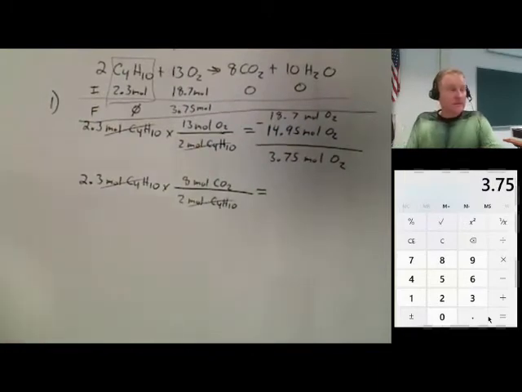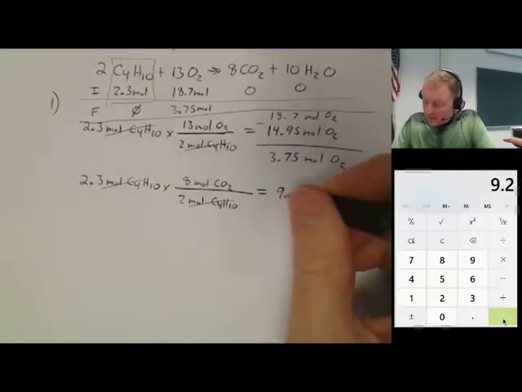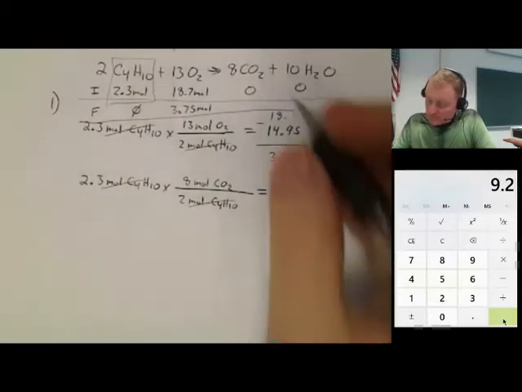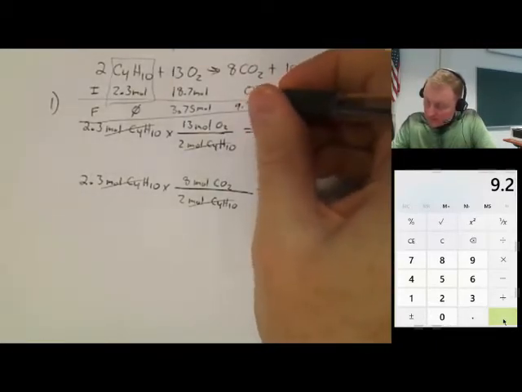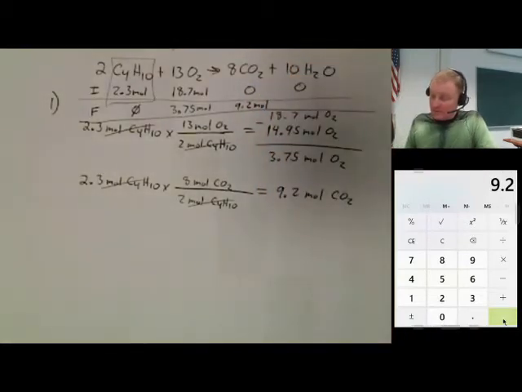So it is 2.3 times 8 divided by 2, 9.2 moles of CO2. So 9.2 moles of CO2 will be produced.